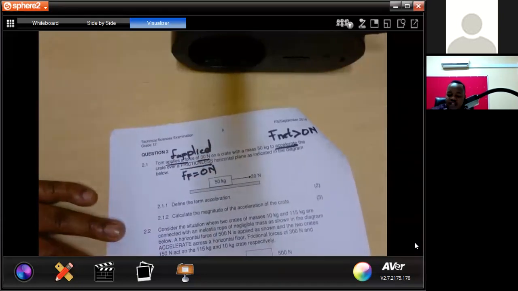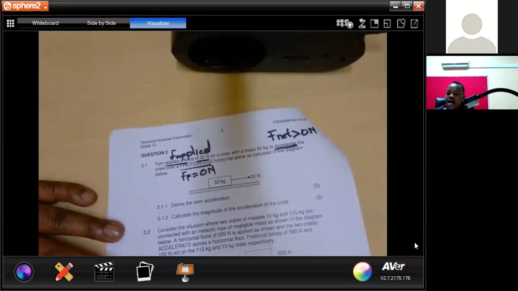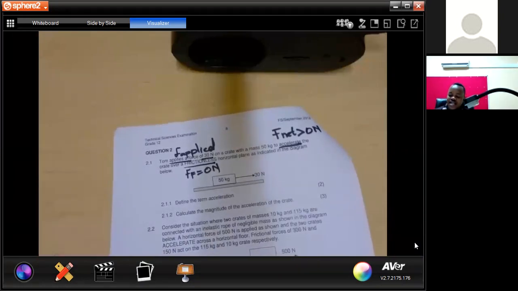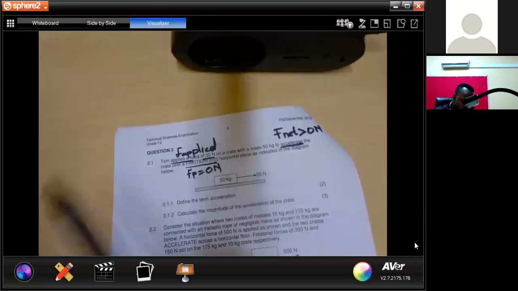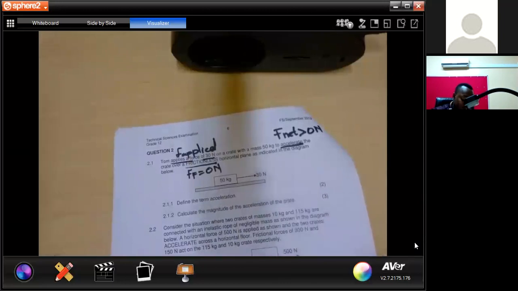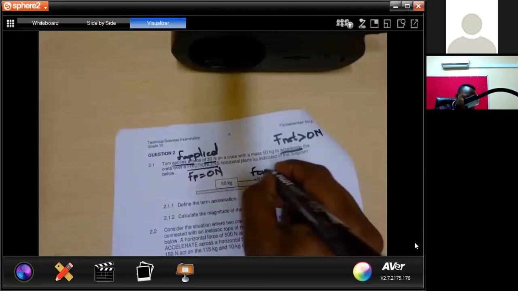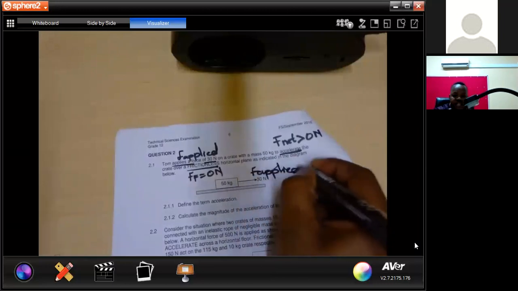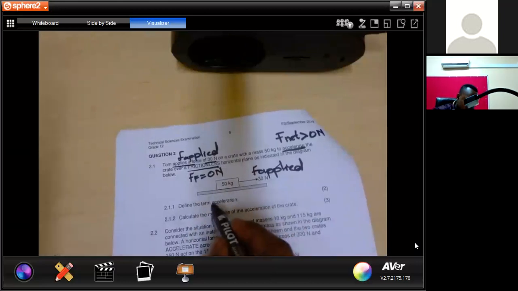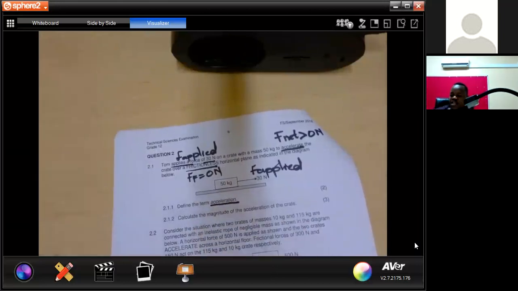Now, in the first question, we are asked to define the term acceleration. So before we start, here we have an object, and that force that is being applied of magnitude 30 newtons, we know very well that it represents the applied force.